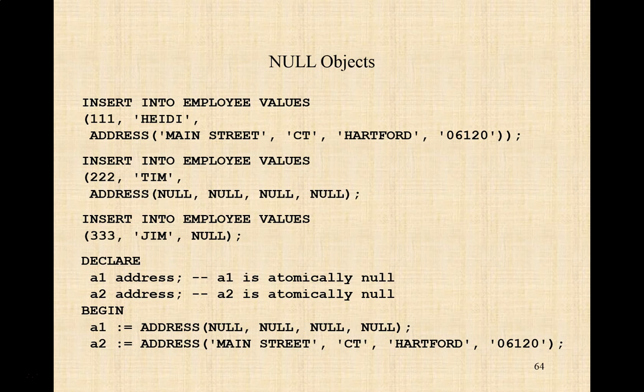Even though the object referenced by A1 contains null values for its attributes, the object is available to us and the methods can be invoked. It is not atomically null. We've presented this point using column objects. However, note that a row object cannot be null.